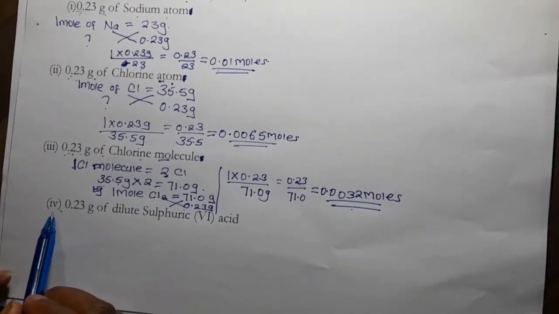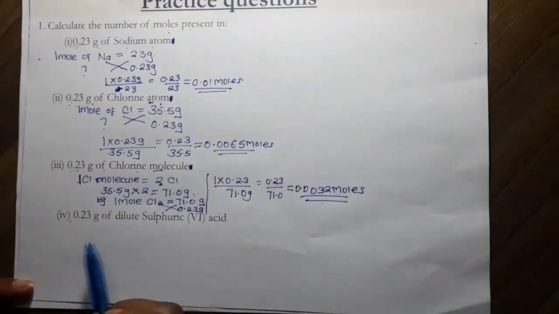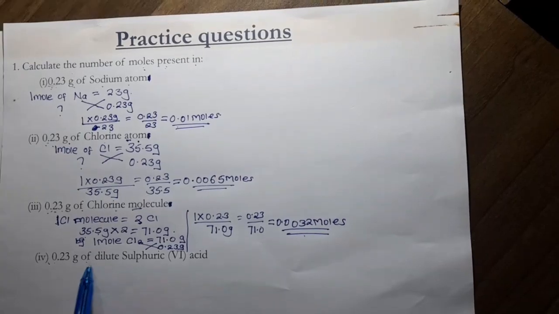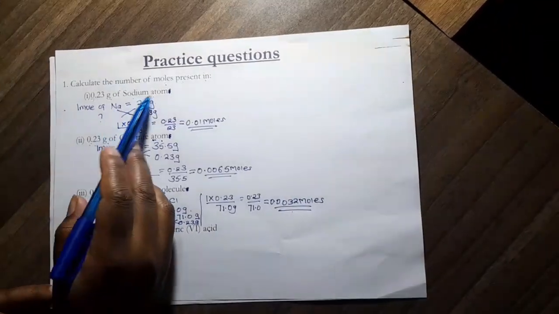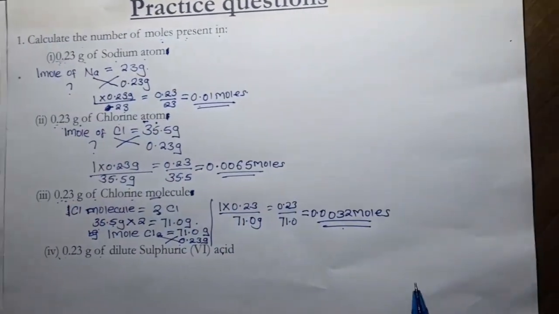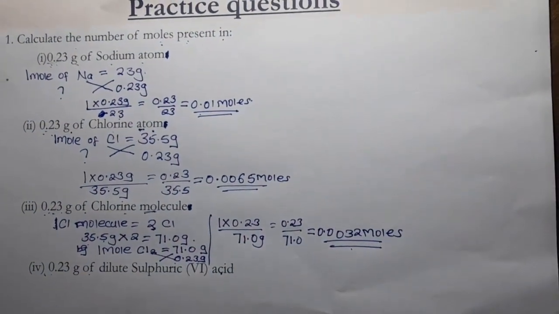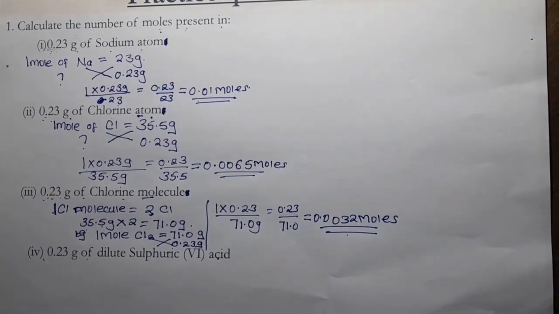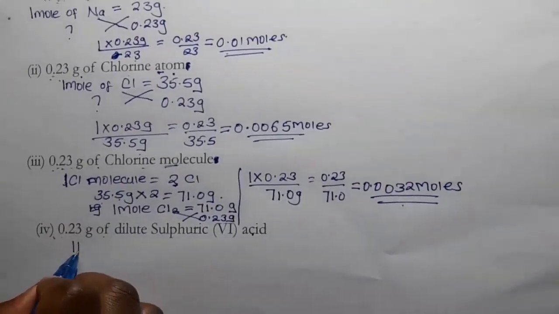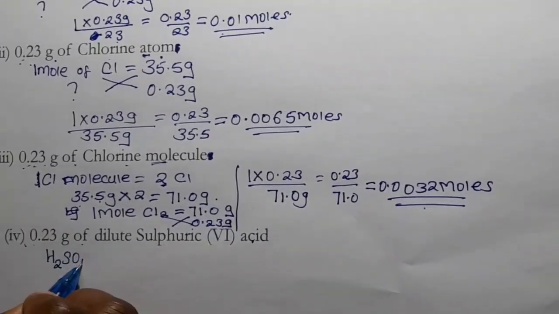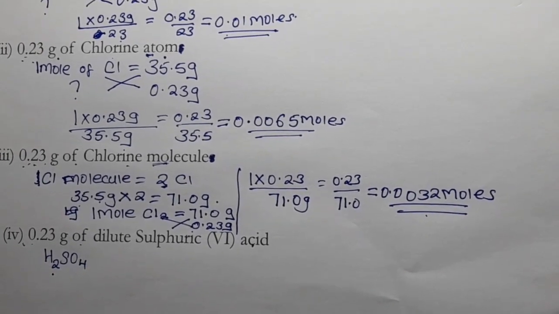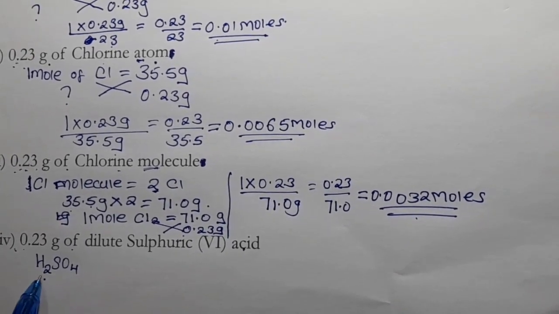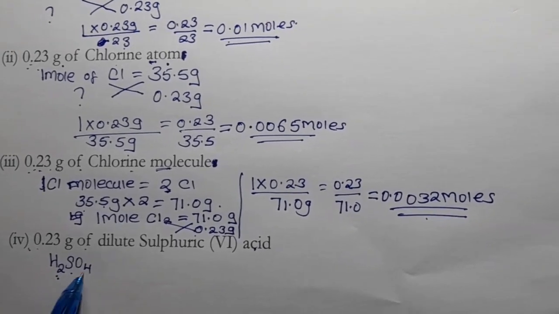Then finally here we look at sulfuric acid. So 0.23 grams of dilute sulfuric acid, the number of moles. So here we start by finding the relative formula mass of dilute sulfuric acid. Its formula is H2SO4. To calculate the relative formula mass, we get the sum of the atomic masses of the atoms present.